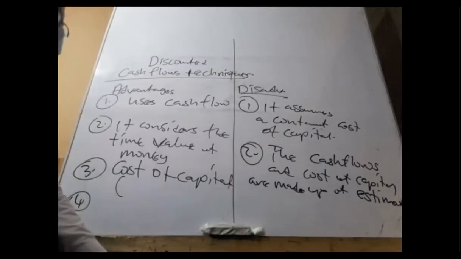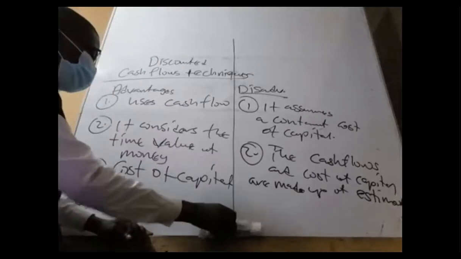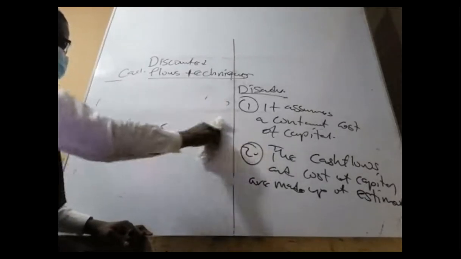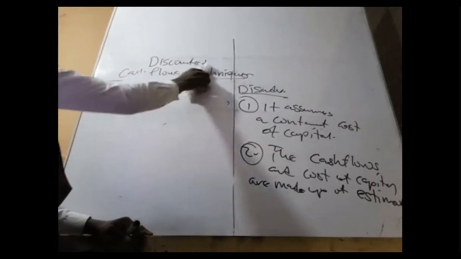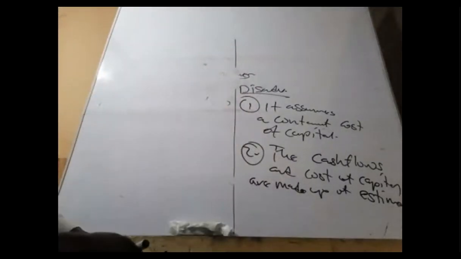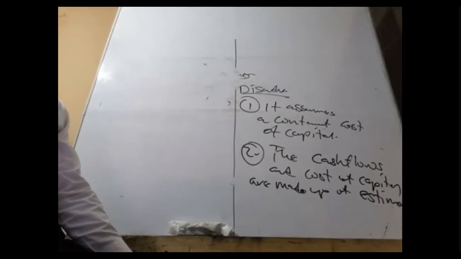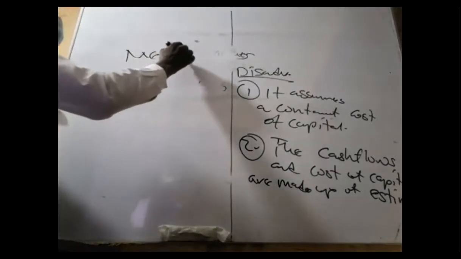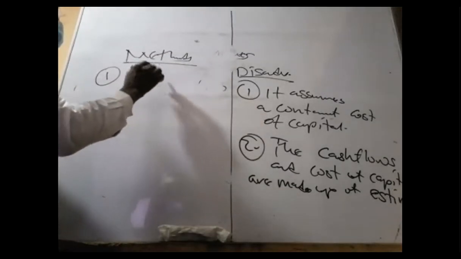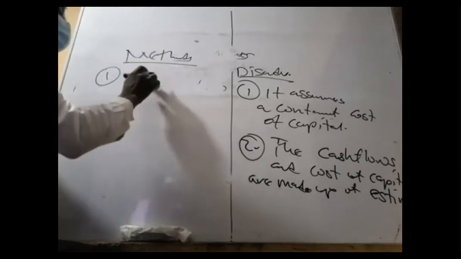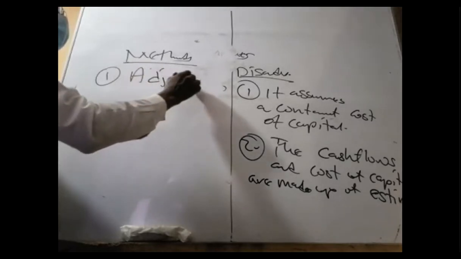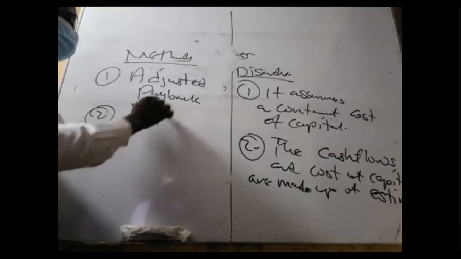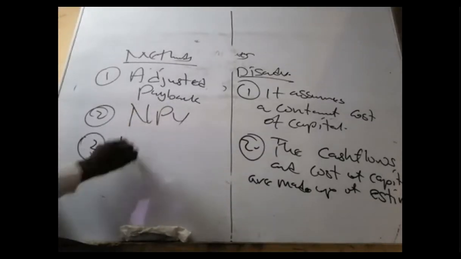Let's look at these three methods carefully. Number one, the adjusted or discounted payback period. Number two, NPV, net present value. Number three, internal rate of return.